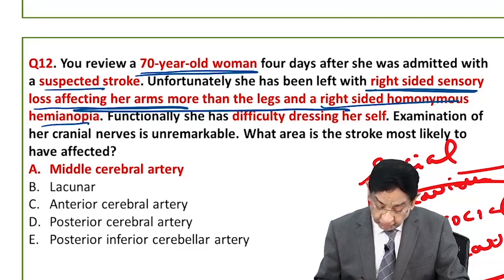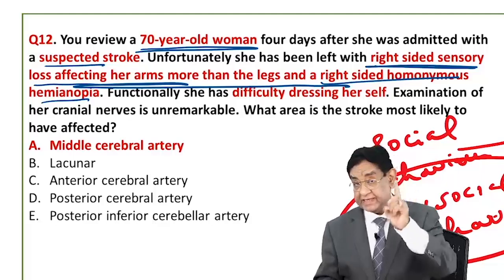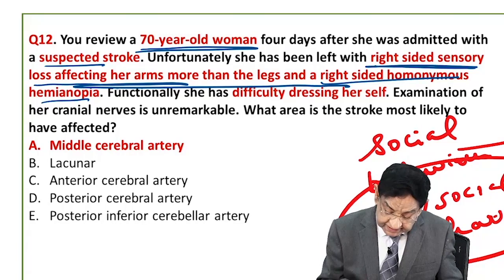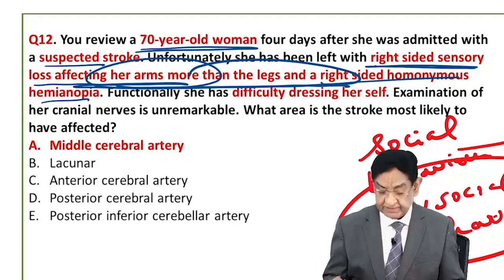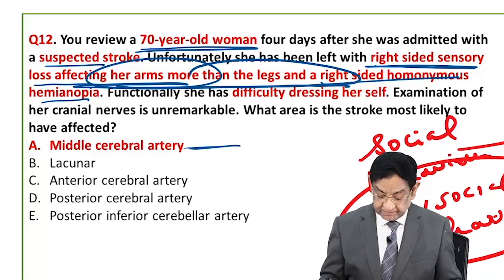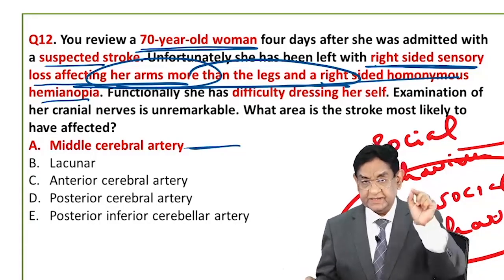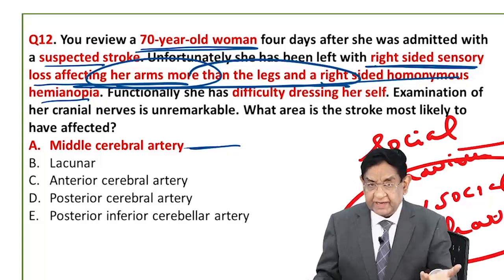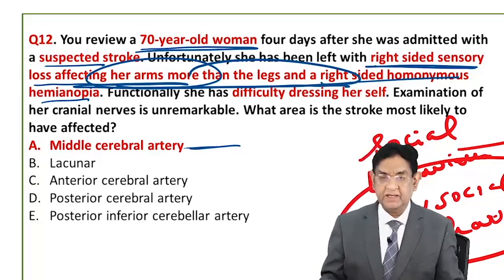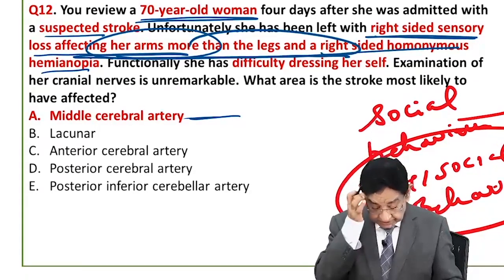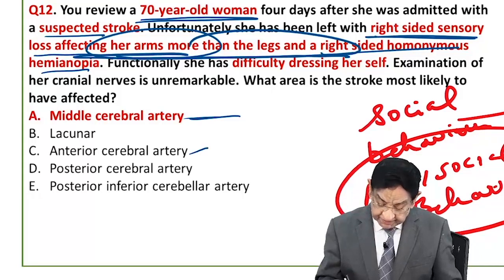Remember that arm weakness is more than the leg weakness, and that we see in middle cerebral artery infarct only. No other condition. In anterior cerebral artery, it would have been leg weakness more than the arms.